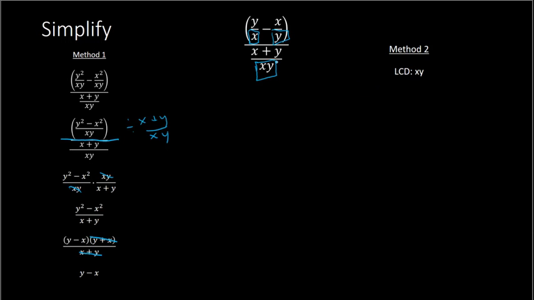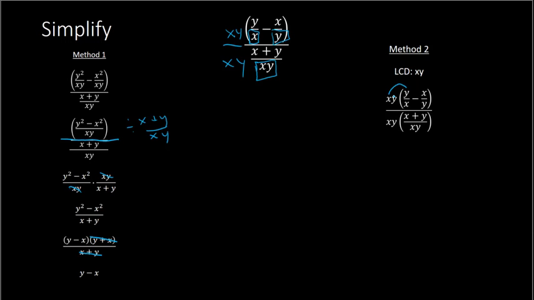All right, because we have x's and y's represented, and they each have 1 at most. So we just take 1 of each, so we have x times y.